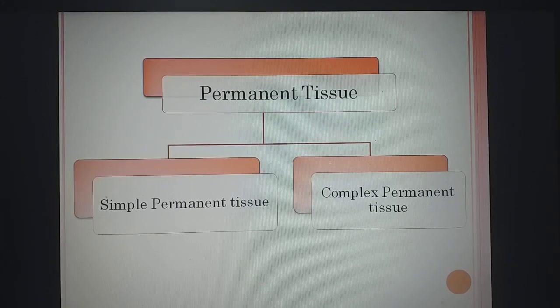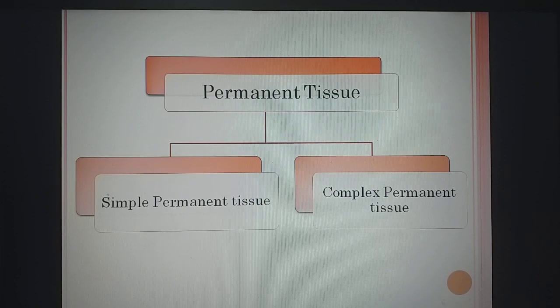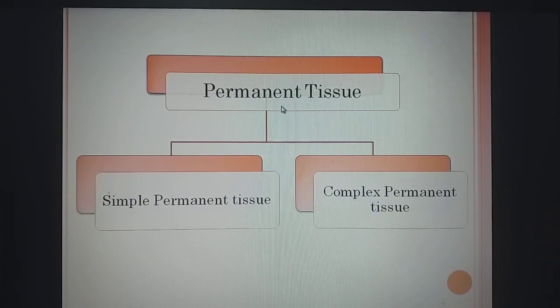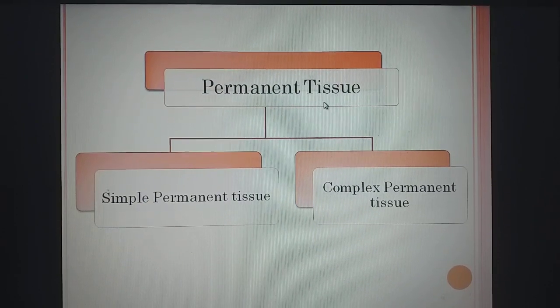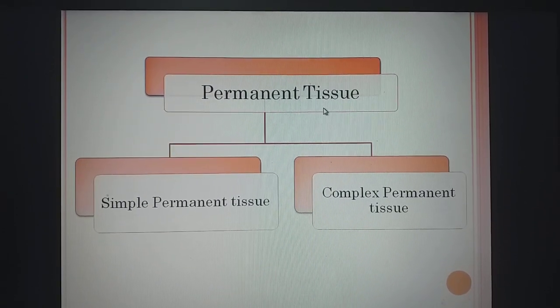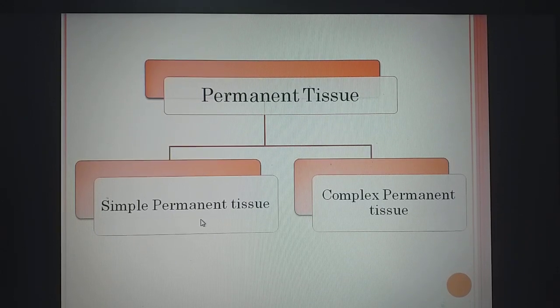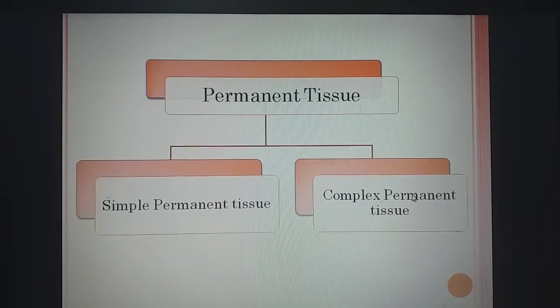So before we start the new topic, let's recall our memory. We are studying about the permanent tissue. Permanent tissue means those tissues which have lost the power of division. Now permanent tissue is of two types, that is simple permanent tissue and complex permanent tissue.